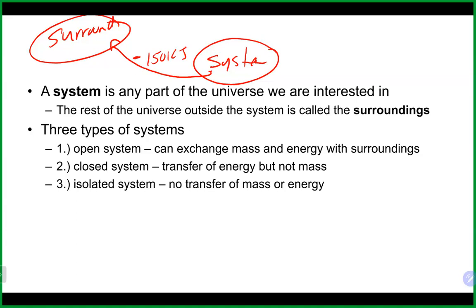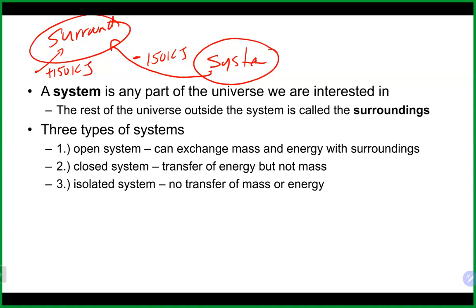What we would expect to happen in this situation is the surroundings would pick up positive 150 kilojoules. It will pick up the exact same amount of energy that was lost by the system. It's positive for the surroundings in this example because it's endothermic for the surroundings. It's basically picking up all that energy that's being released by the system.